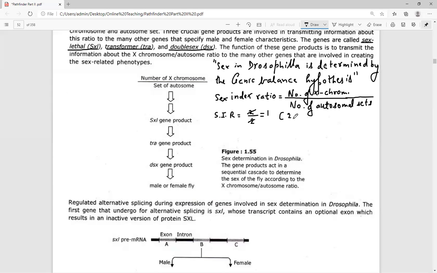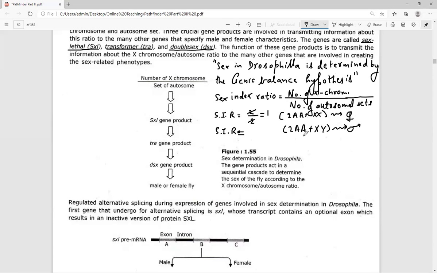This is a type of Drosophila in which two sets of autosomes are present plus XX. So when the sex index ratio equals 1, the Drosophila must become a female. When the sex index ratio becomes equivalent to half, the Drosophila is present in the form of two autosome sets plus an XY chromosome, and then it would be a male.